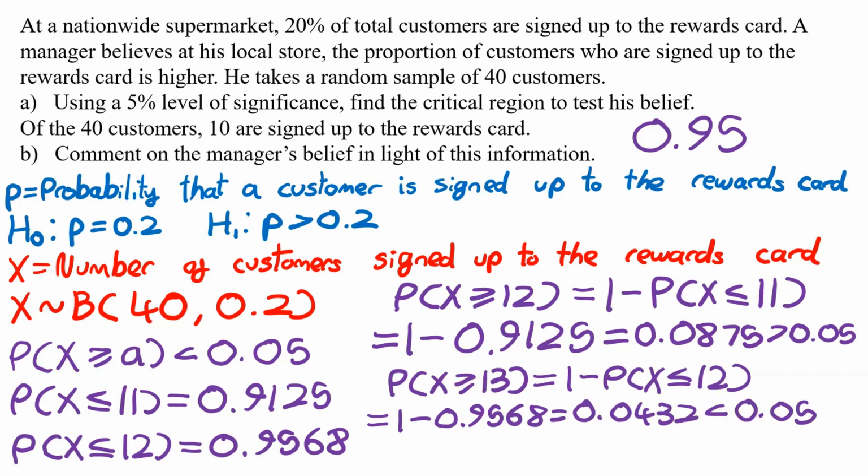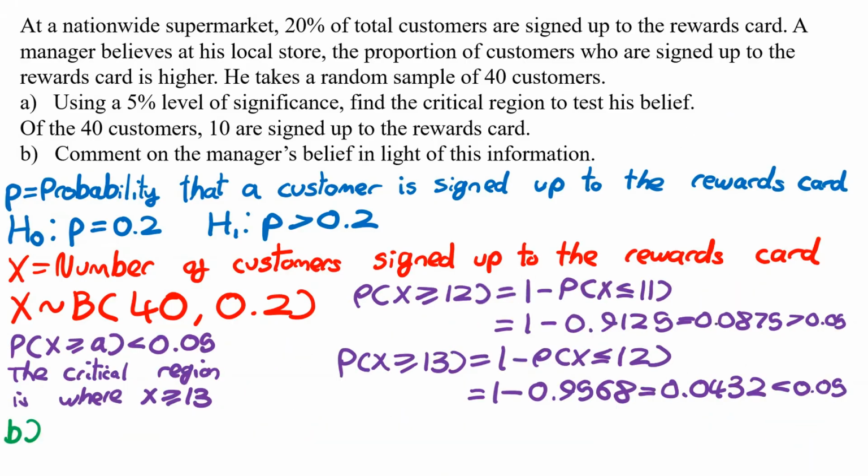So this is the critical region: x being bigger than or equal to 13 is the critical region. This is how we find the critical region, where we need to find the probability that x is bigger than or equal to a.